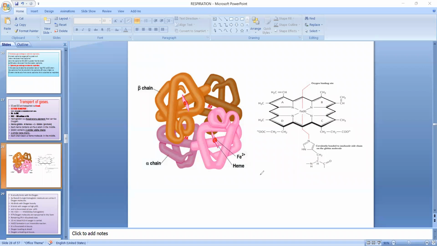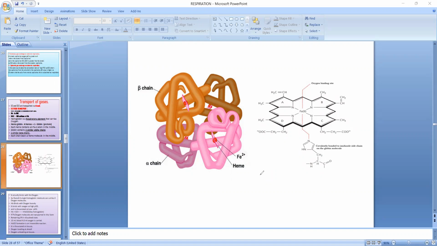So each globin contains four polypeptide chains, and each polypeptide chain in the middle of its structure contains a heme molecule that again contains iron. Each iron can bind with a single oxygen.